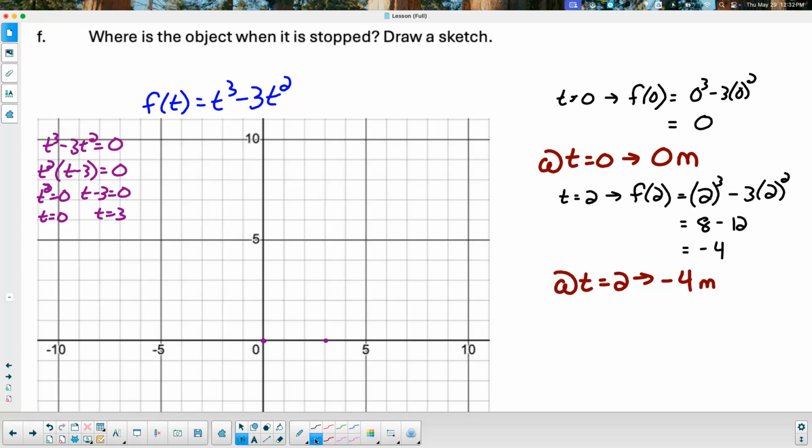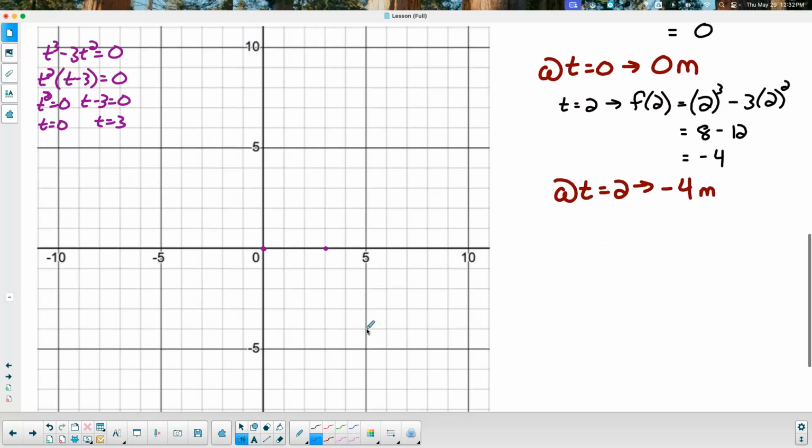It's cubic, so it's going to go in opposite directions. Because it is a positive a value, it's going to come up from below, and it's going to kiss at 0.